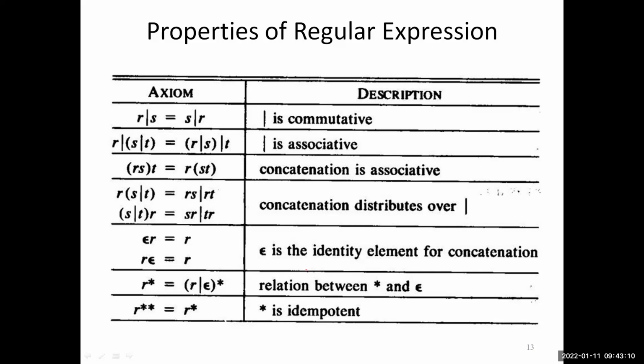The concatenation operation is also associative, and the OR operation is also associative. Then concatenation distributes over OR, like R(S or T) represents RS or RT. These are some basic specifications you need to remember for easier writing of regular expressions.